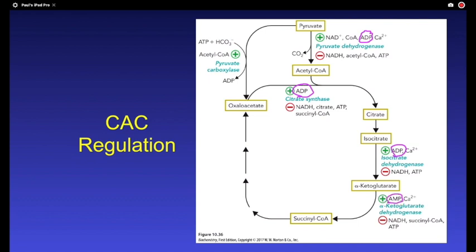What does ADP and AMP represent inside the cell? It represents energy. Does it represent high energy or low energy in the cell? Low energy, okay? So every time I see a molecule that represents low energy, ATP being used, I speed this process up. They're all positives. Why? Because at the end of this, in the next step, I'm going to use that energy pool to make ATP. Okay, so that seemed reasonable.